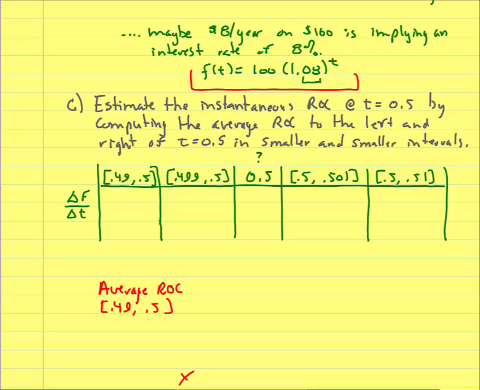And this is exactly the same as we did above. This is going to be equal to the change in f over the change in time. f was the total amount in the account after t years. This is going to be f of 0.5 minus f of 0.49 all over 0.5 minus 0.49.